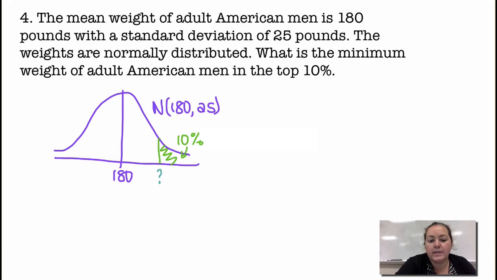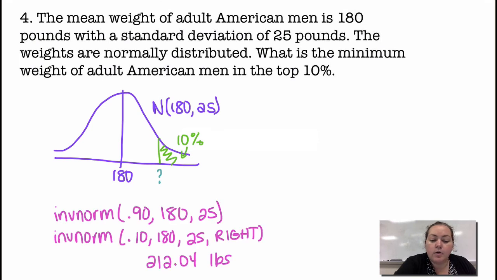I want to know what that weight is at the top 10%. So I'm going to do inverse norm. If I'm using the calculator that doesn't have the options of direction, I would put in 0.9 because 90% would be to the left of the top 10%, mean of 180 and a standard deviation of 25. Or I can put in 10% and pick the right option, and I get 212.04 pounds.